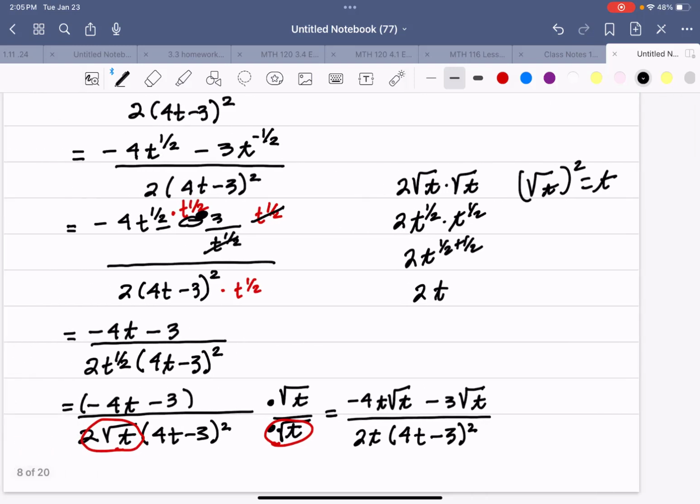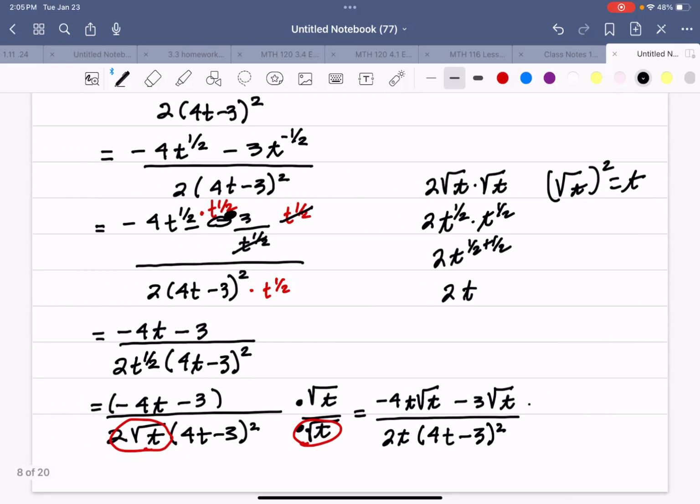Now, what they did in my math lab on an example like this is they pulled out a negative square root of t, and that meant left inside would be a positive 4t and a plus 3, and then the denominator stayed as 2t (4t minus 3) squared.